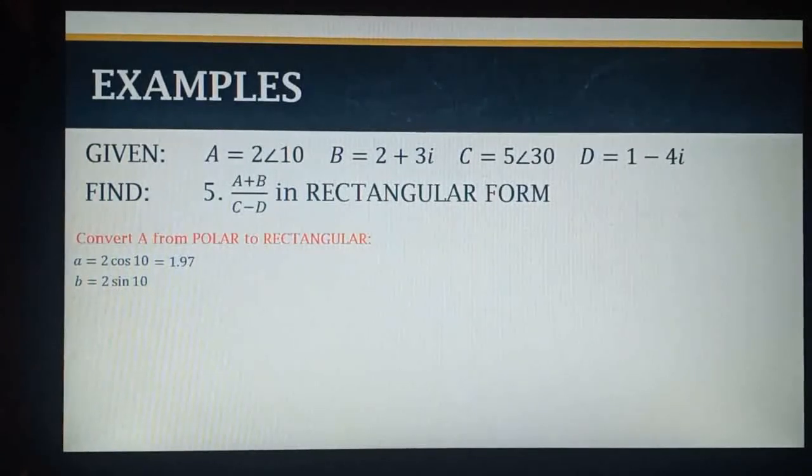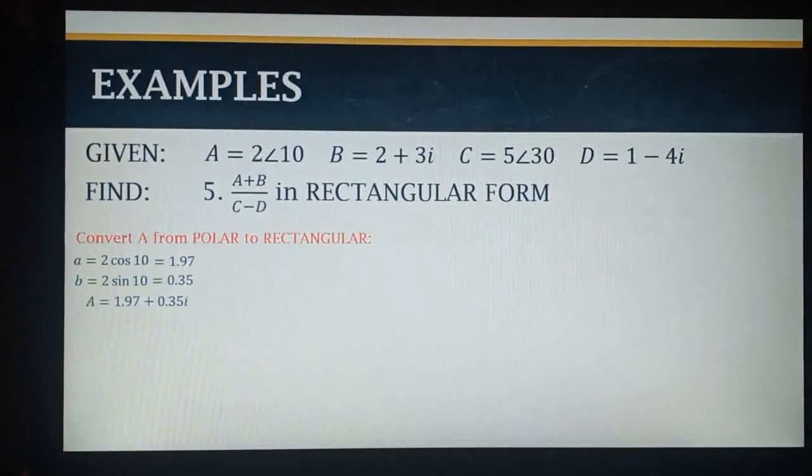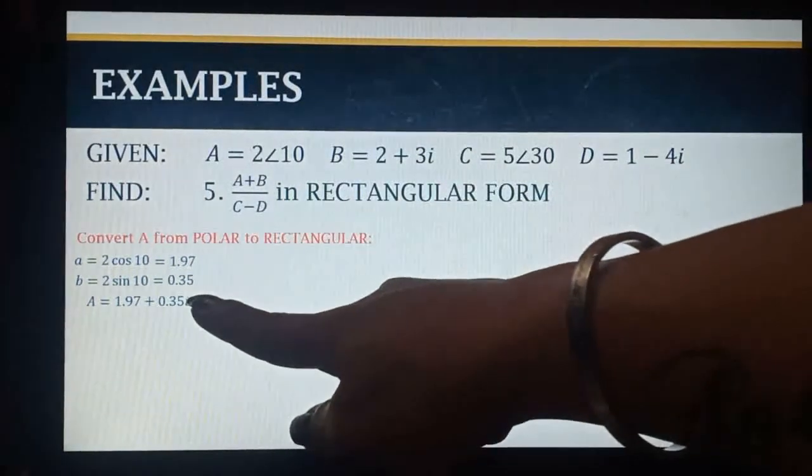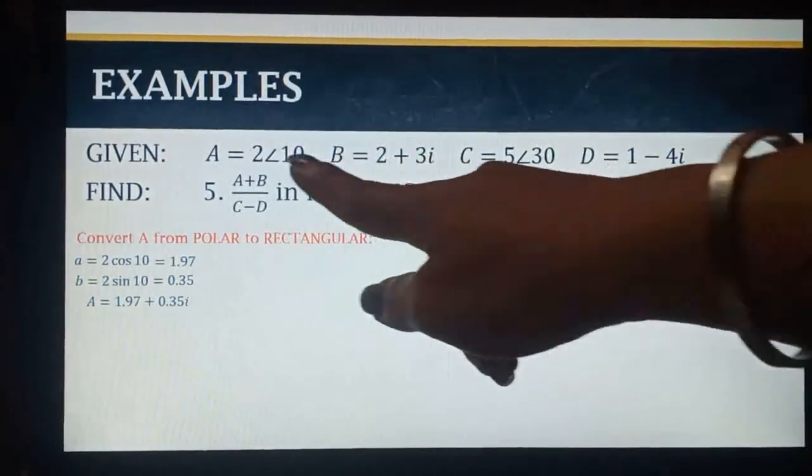B equals 2 sine 10, which is equivalent to 0.35. Therefore, complex A in rectangular form, that is 1.97 plus 0.35i.